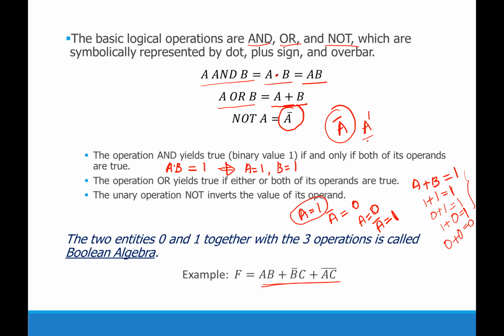A can be equal to 0 and 1, and also B can be equal to 0 and 1. C can be equal to 0 and 1. And also these 3 variables are combined with 3 operations, right?